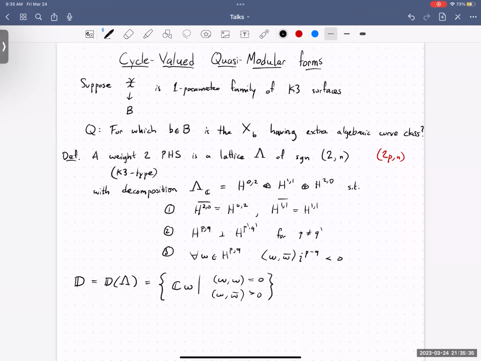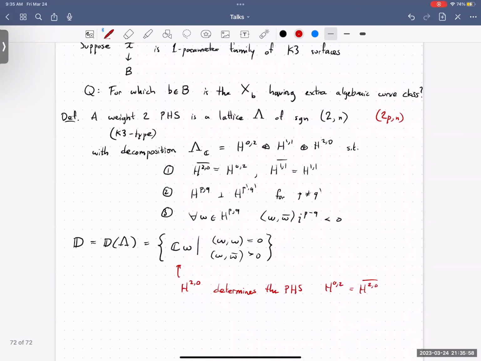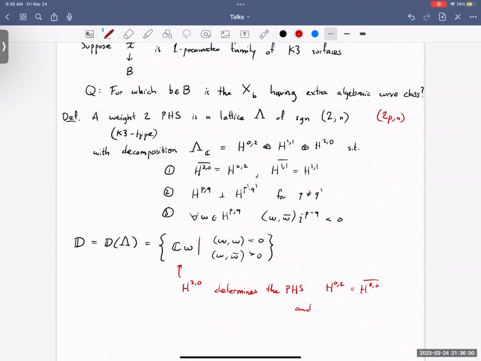The key point here is that this omega spans H^{2,0}, and this actually determines the entire weight 2 polarized Hodge structure, because we use these properties. Once you have H^{2,0}, you have H^{0,2}, which is just the conjugate, and H^{1,1} will just be the orthogonal complement of H^{0,2} plus H^{2,0}.